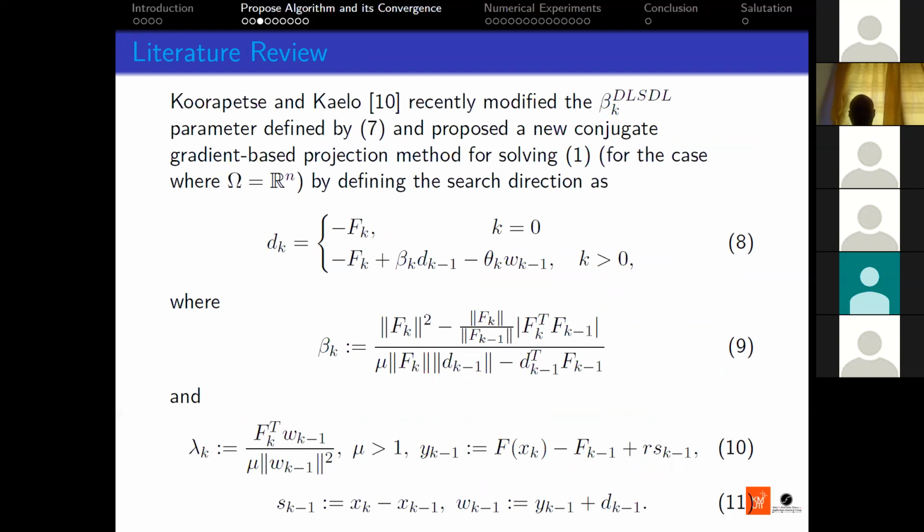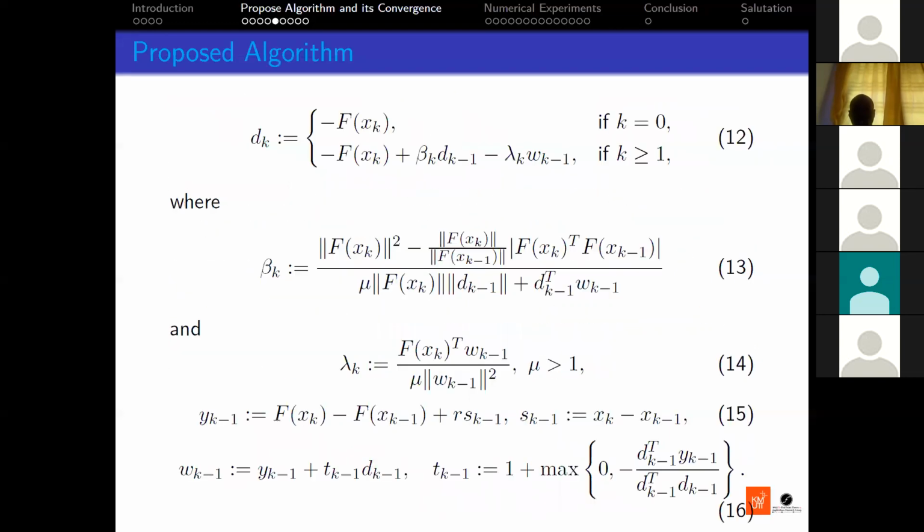So our wk minus 1 is a generalization of that of Kropetse and Kylo, because if you take tk minus 1 to be 1 in our wk minus 1, it will be exactly that of Kropetse and Kylo. So our wk minus 1 generalizes that of Kropetse and Kylo when tk minus 1 is equal to 1 for all k.